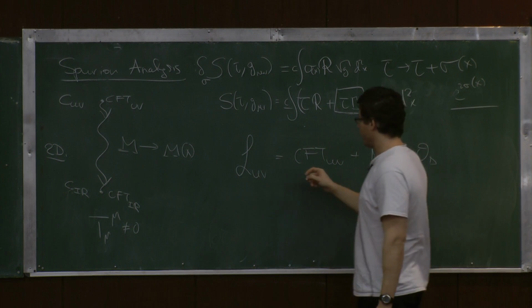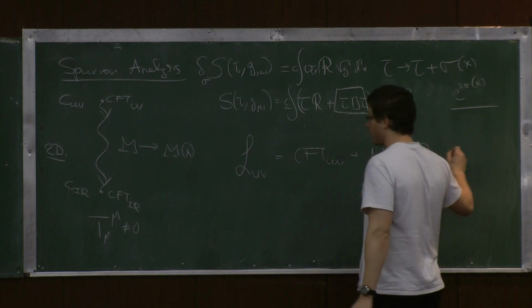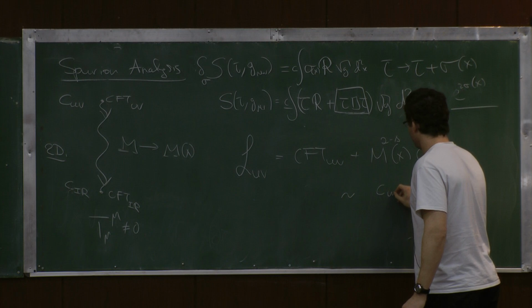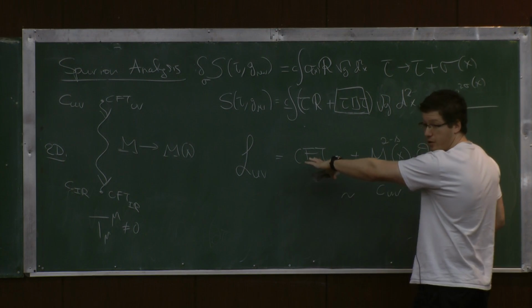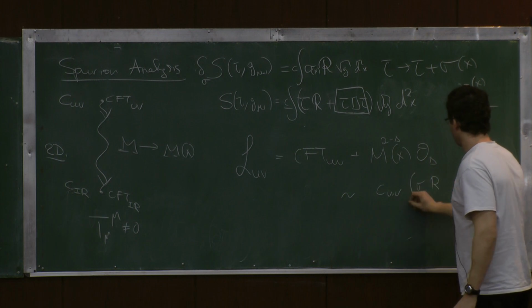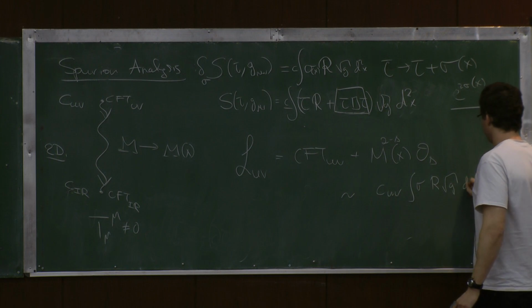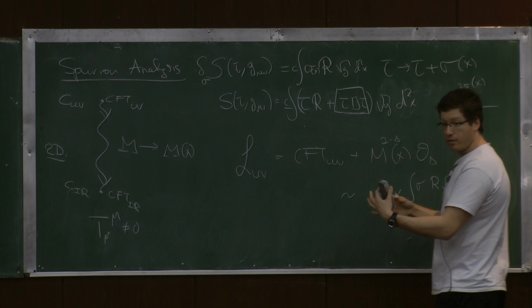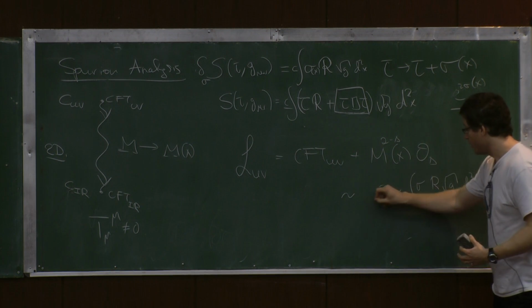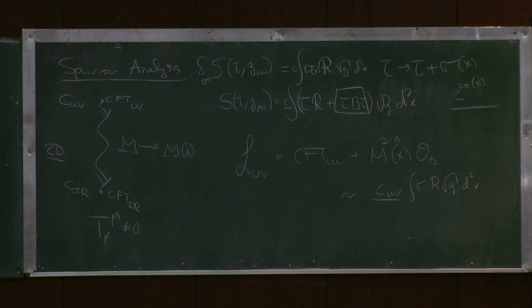But there is an anomaly. So in fact, the variation of this thing under conformal transformation is proportional to C_UV, because this is the only place where you get an anomaly from, times sigma R, square root of g, d2x. Okay? So the defining theory is not conformally invariant because of the anomaly, and the coefficient is exactly C_UV.